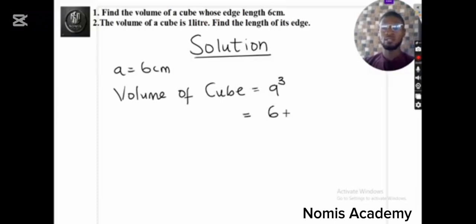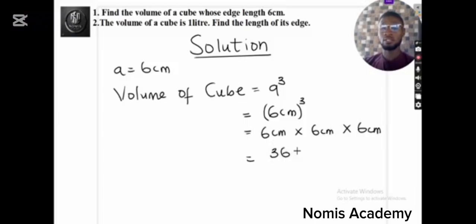So that is 6 centimeter in bracket cube. That is 6 centimeter multiplied by 6 centimeter multiplied by 6 centimeter. 6 times 6 gives 36 centimeter squared, multiplied by 6 centimeter.